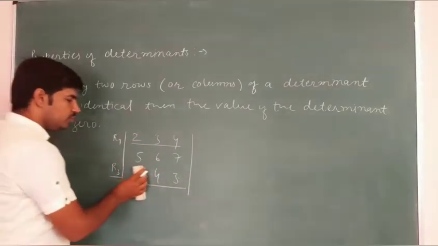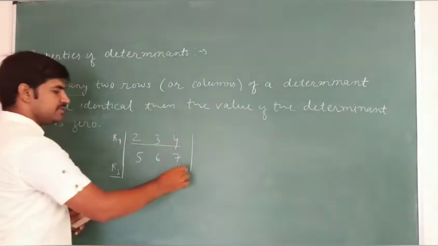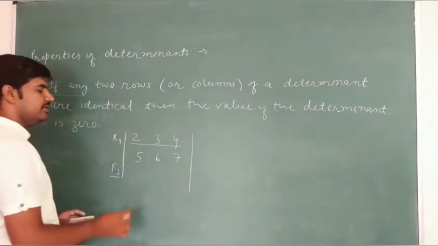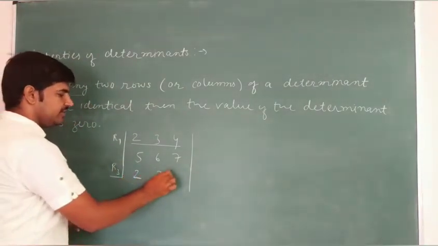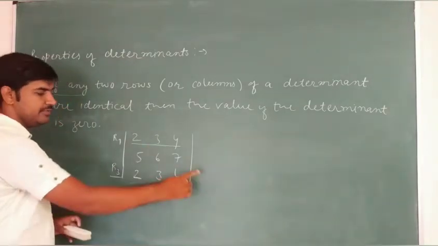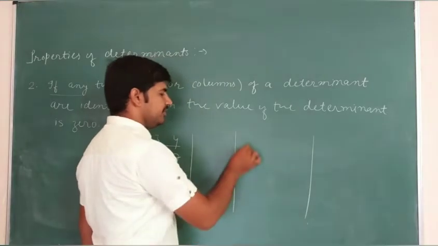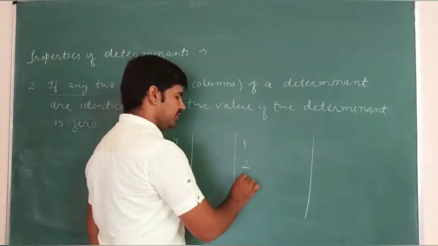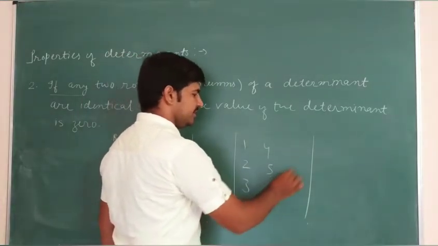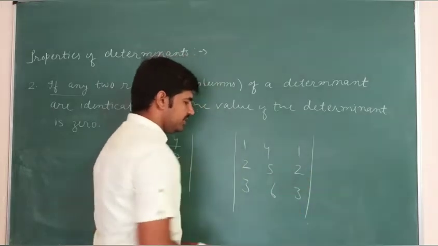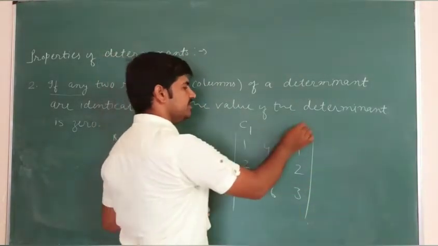So how can two rows be identical? If the corresponding elements of two rows are same, then the two rows are identical, like this 2, 3, 4, 2, 3, 4. And two columns are identical in the same way. Suppose there is a determinant and here suppose 1, 2, 3, 4, 5, 6, and here as well 1, 2, 3. Here you notice this is C1 and this is C3.